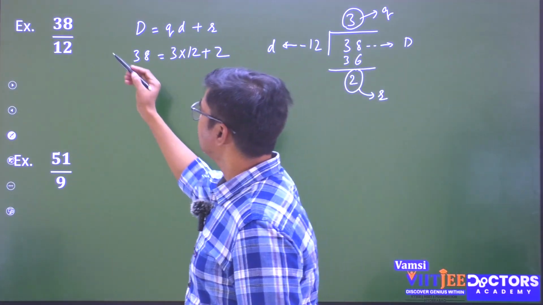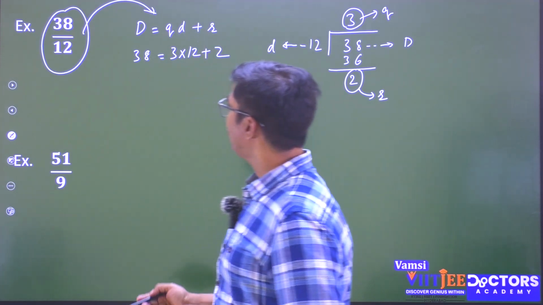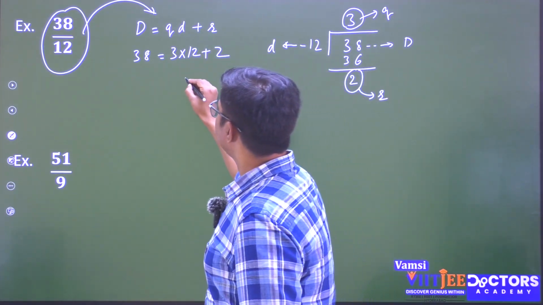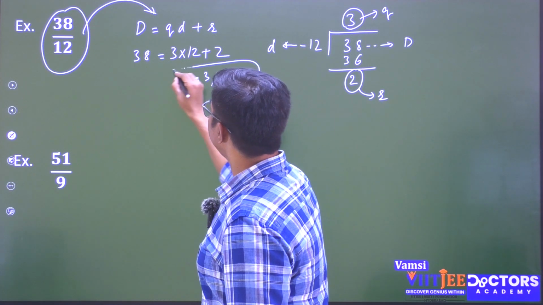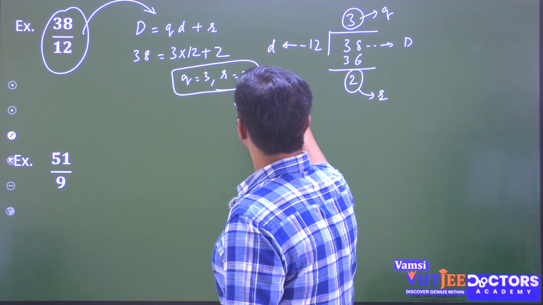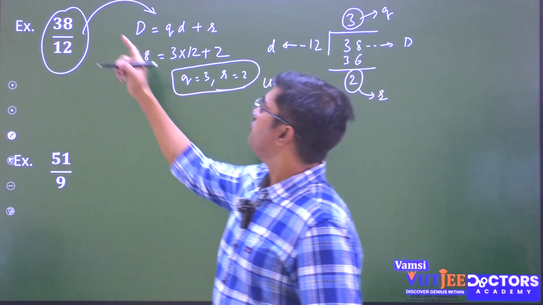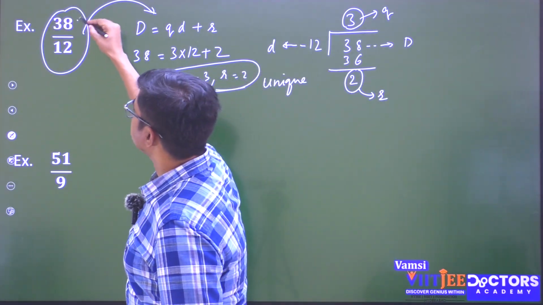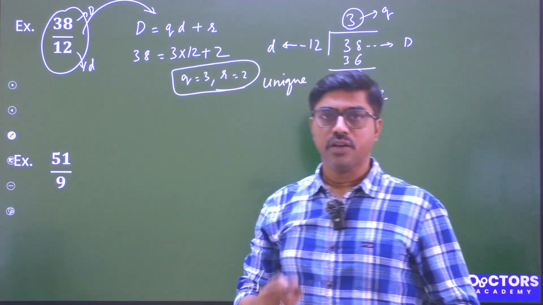So whenever you have a division, accordingly you can write this equation, where in this case q is 3 and r is 2. These two are uniquely decided. You don't have any other possibility. They are decided for given values of capital D and small d. Q and R are uniquely decided. That's what it says.